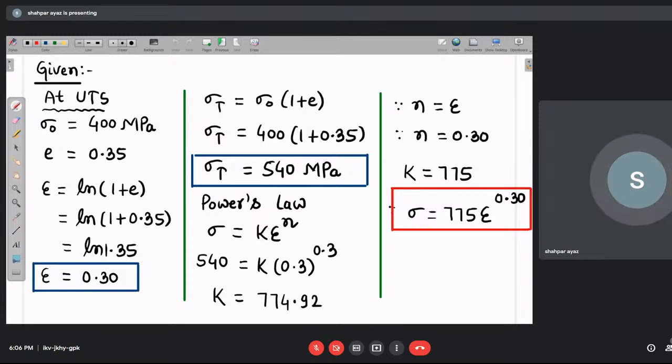One problem of metal forming, the last problem of introduction of metal forming. See, everyone, quite a good problem. You need to solve this.